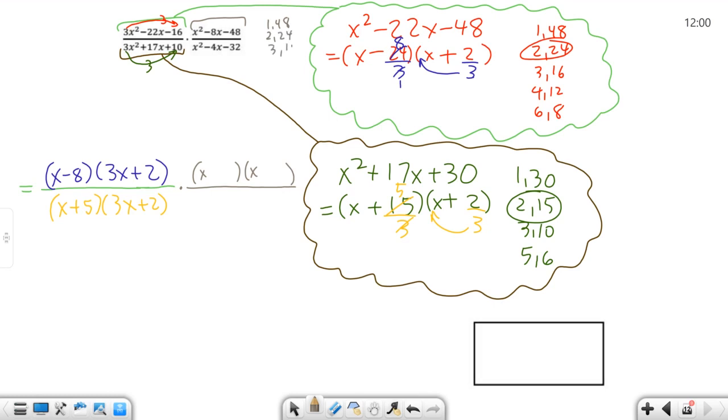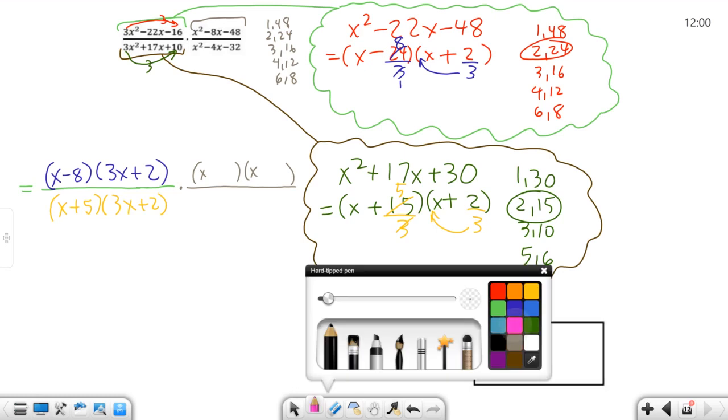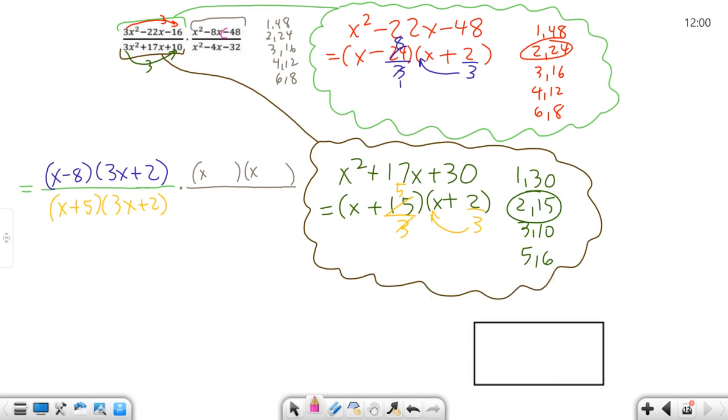I think I just saw these, didn't I? 3 and 16, 4 and 12, 6 and 8. Do I have any factors of that subtract to give me 8? How about 12 and 4, right? 12 minus 4 is 8. And then the bigger number's negative, so 12 is negative, 4 is positive.